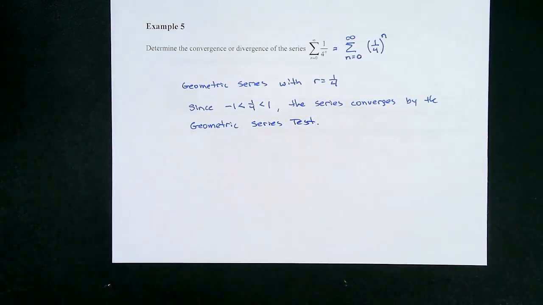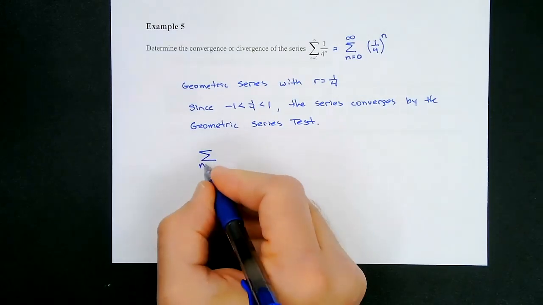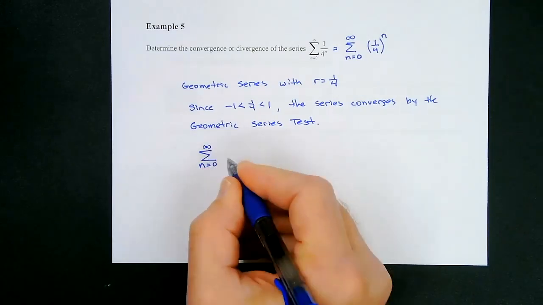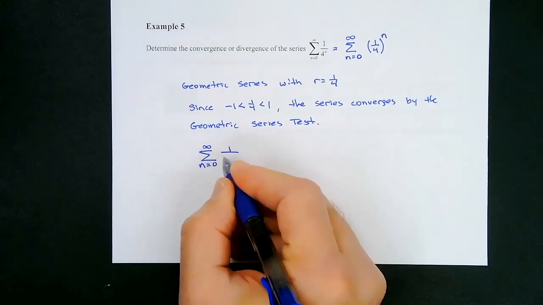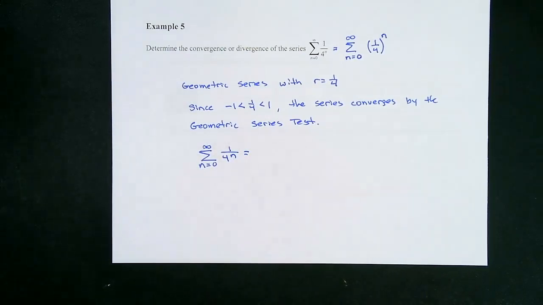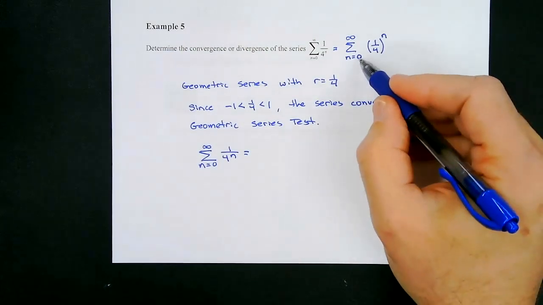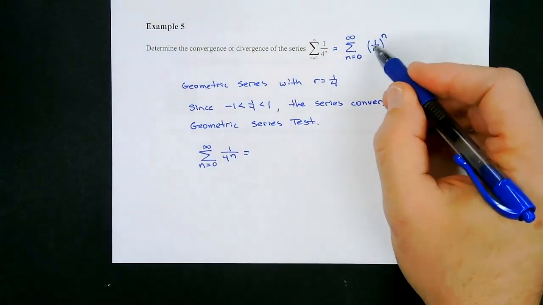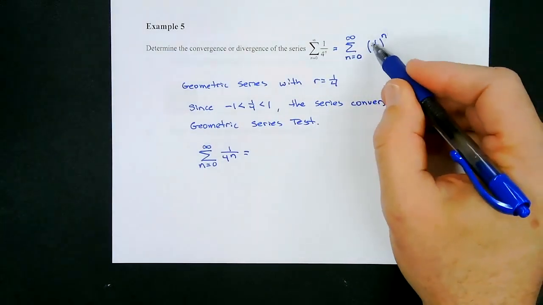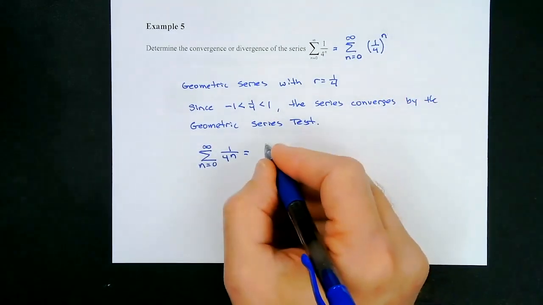And because it's a geometric series, we actually know what the sum is going to be. It's the sum from n equals 0 to infinity of 1 over 4 to the n power, because that's the original series that we started with. What is the first term? We have to put 0 in for n, so that's 1/4 to the 0 power, which is 1. So our first term is 1.